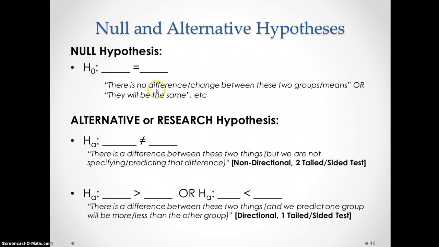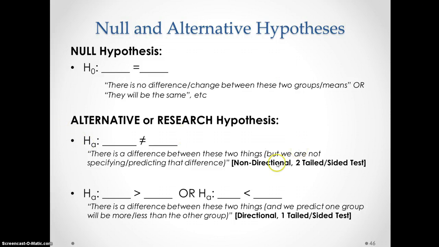Now, the other type of hypothesis is called the alternative or research hypothesis, and there are two types of that. So there's one called a non-directional hypothesis, and if you look, the alternative hypothesis is marked by a little a. Also, sometimes people use numbers as the subscript, because sometimes you'll have multiple hypotheses, in which case you'd have H1, H2, H3 for all your alternatives, but the null would still be H0.